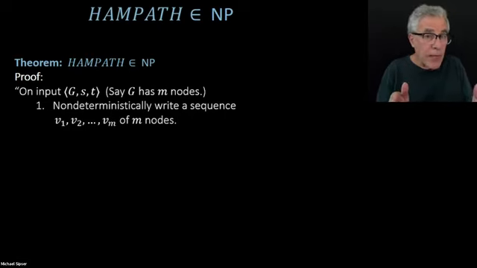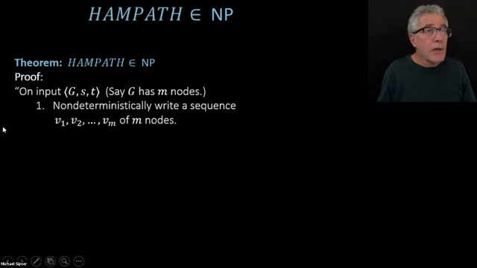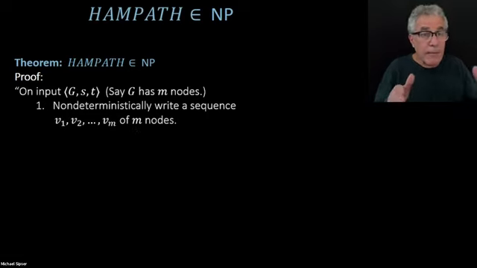Remember, a Hamiltonian path, because it visits every node, is going to be a path with exactly m nodes in it. So I'm going to write down a sequence of nodes as a candidate path, and I'm non-deterministically going to choose every possible sequence in this way.